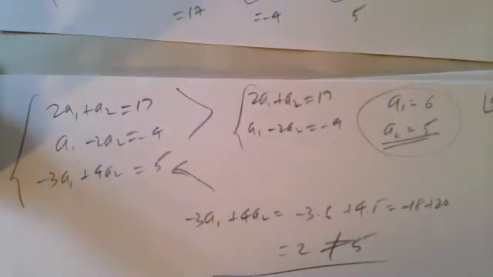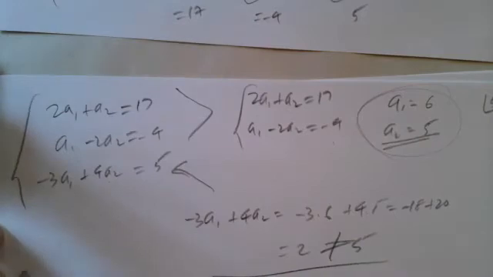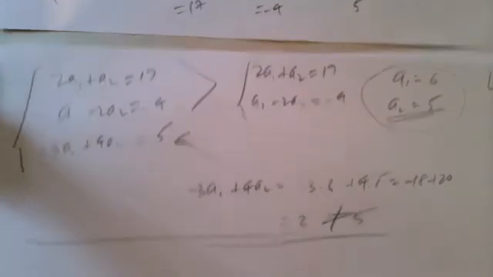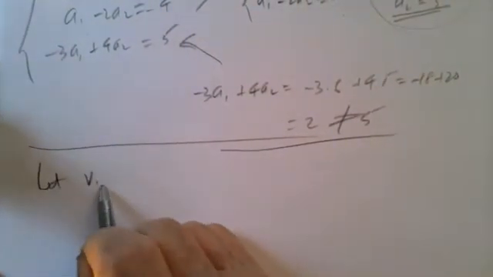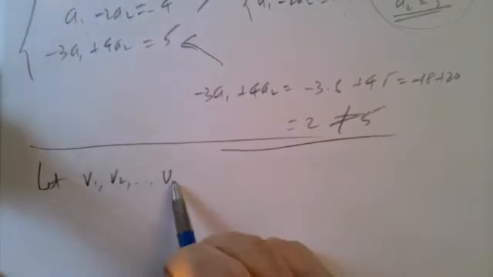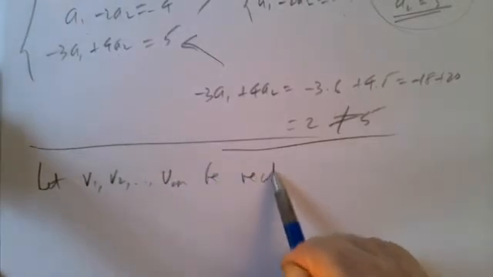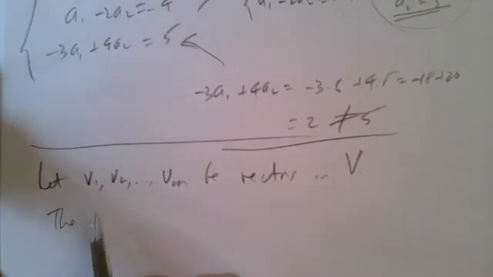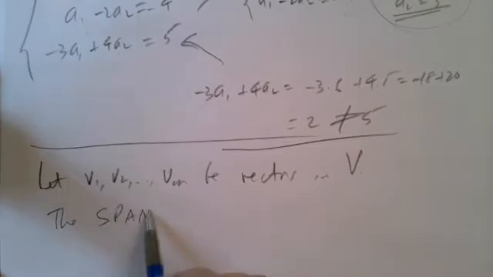Now, what's very interesting in linear algebra is, if you take a set of vectors, so let V1, V2 up to V sub m be vectors in a vector space V, what is called the span of these vectors is the set of all linear combinations of them.